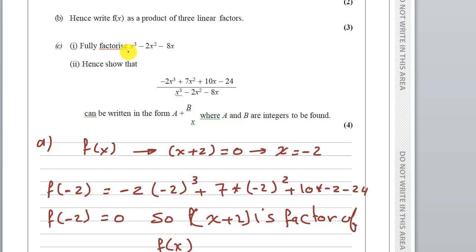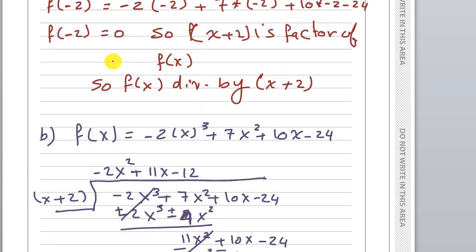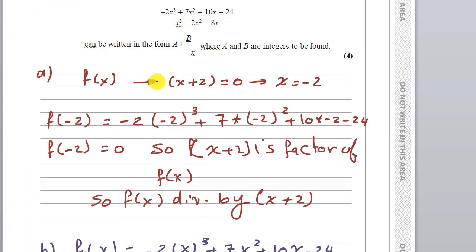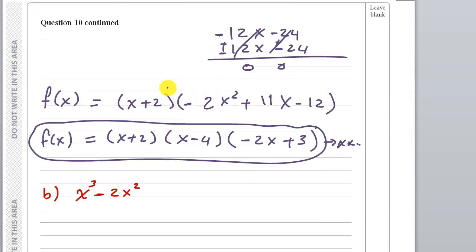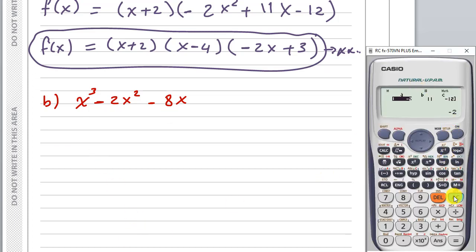Now fully factorize x cubed minus 2x squared minus 8x. So this is part B. Let us write the equation again: x cubed minus 2x squared minus 8x is equal to, let us bring our calculators again. 1 enter, minus 2 enter, minus 8 enter. x minus 4, x plus 2.